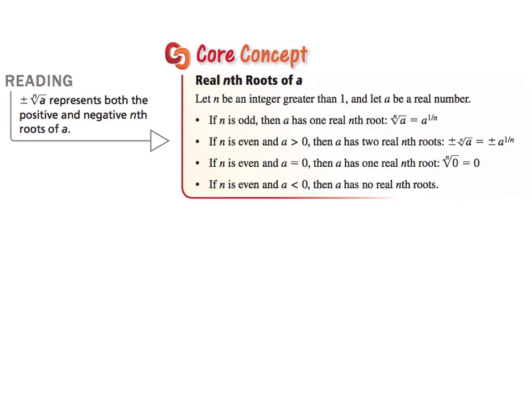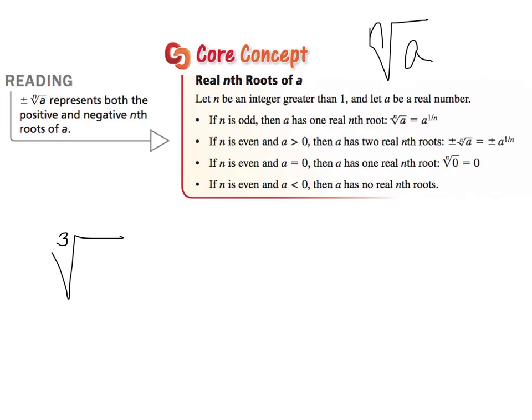The nth roots of a, so that means the nth root of a. So we're going to make sure n is an integer greater than 1 and a is a real number. So let's do all 4 of these cases, and I'm going to do examples underneath to help you out. So let n be an integer greater than 1, let a be a real number. If n is odd, a has one real nth root.